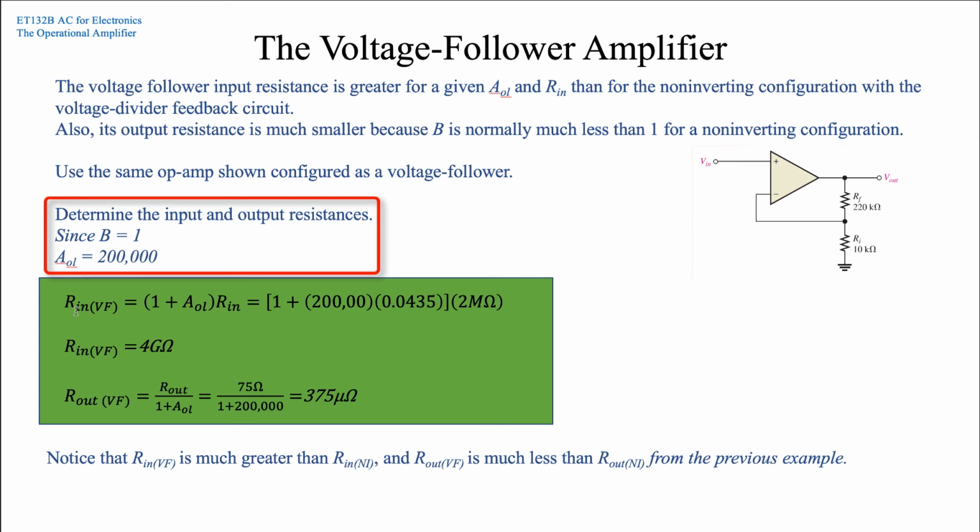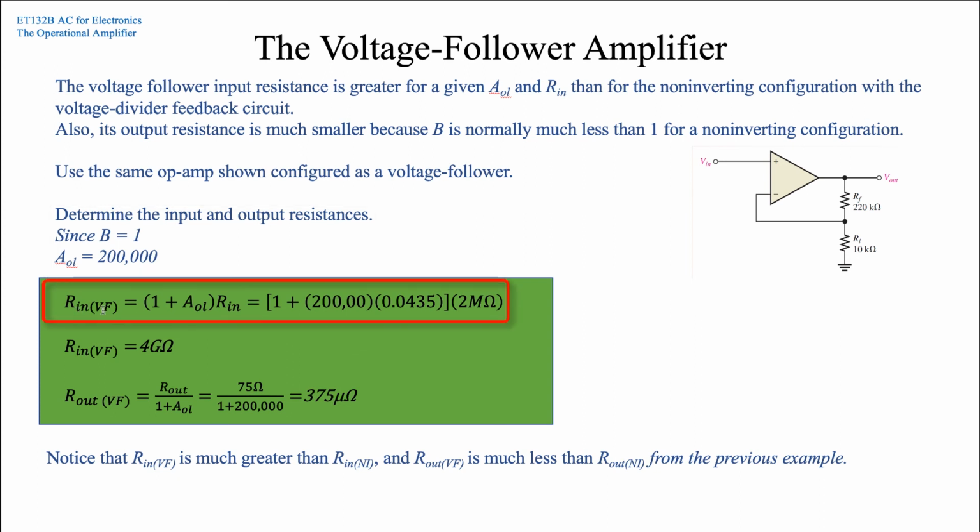So the input resistance for the voltage follower, 1 plus the open loop gain times R_in, gives us a value of 4 gig ohms. R_out is equal to R_out divided by 1 plus the open loop gain, which gives us 375 micro ohms.